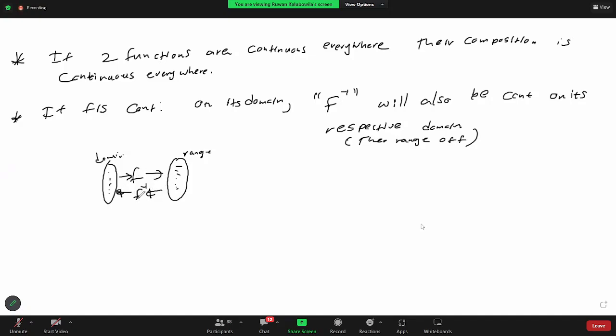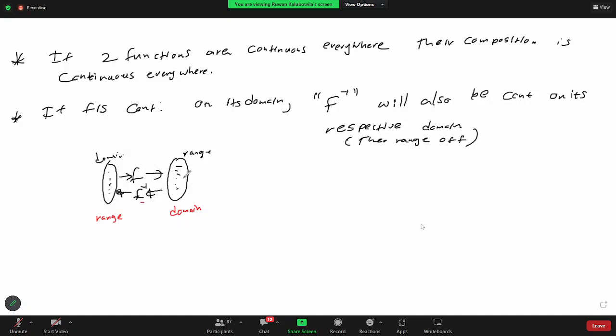Now for this f inverse, I will change color. Domain is this one, and range is this. So these are two different functions. For this function, if we apply the values at this part, then it will give us this value.